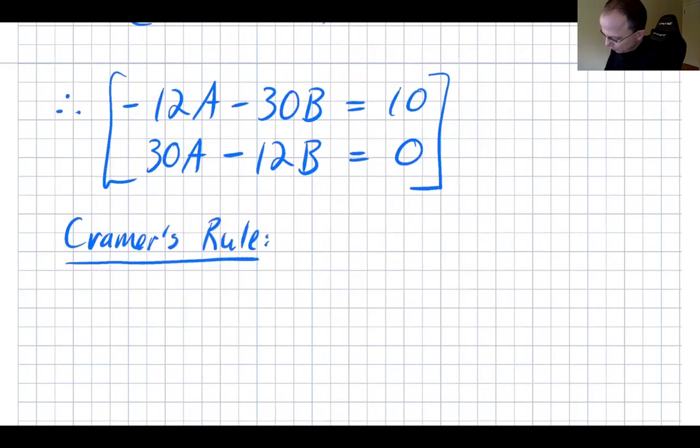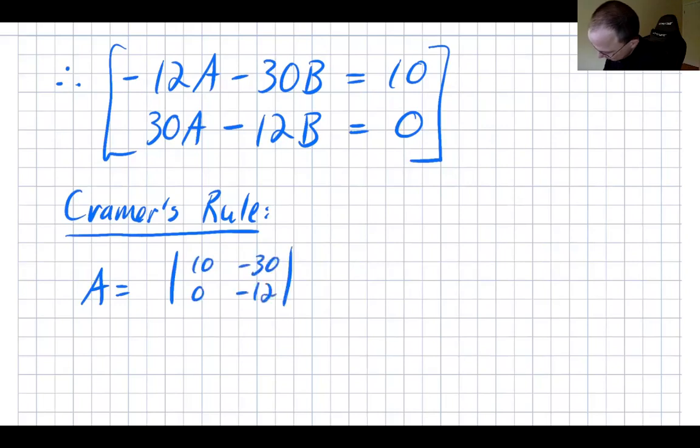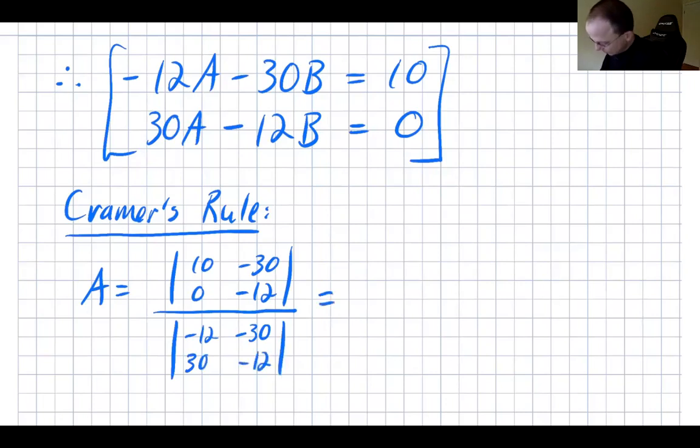So what does Cramer's rule say? It says that A will be equal to the determinant of this matrix divided by the determinant of this matrix. Okay, so what do we get?